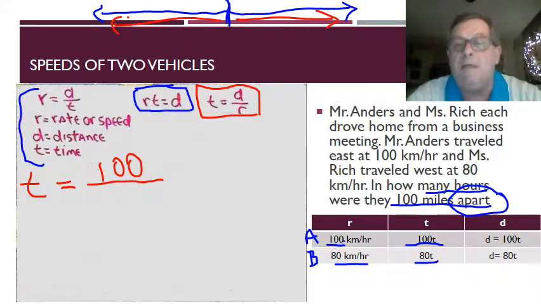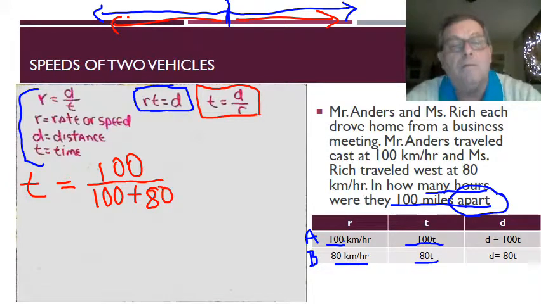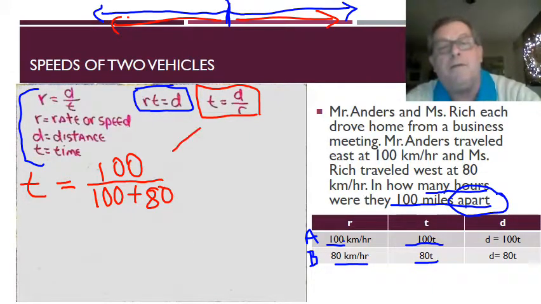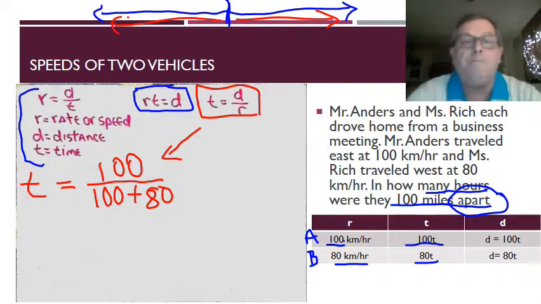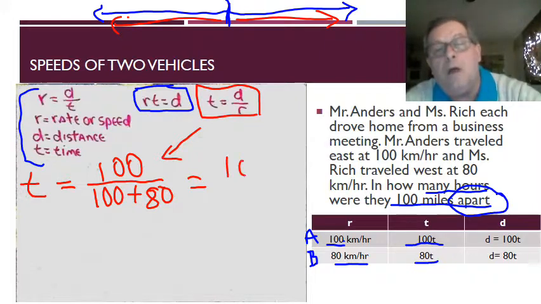So there's my D. Now my rate is, I've got Mr. Anders traveling at 100 kilometers per hour going east, and I've got Miss Rich traveling west at 80 kilometers per hour. So I've got two rates, one distance. So if I'm going to solve this, I've got my setup. I've got it into this formula, what I'm trying to find for time. And so I'm going to have 100 over 180.